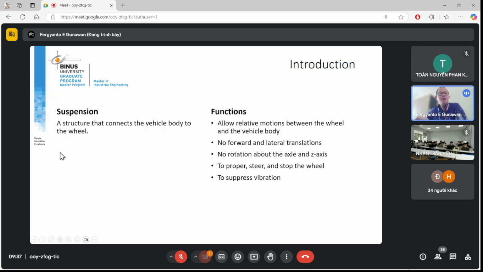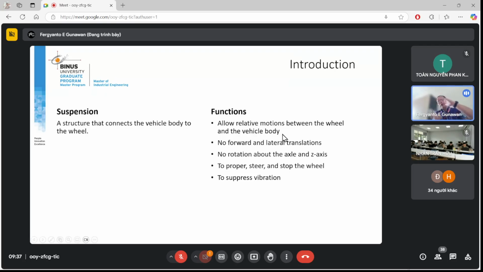We start with the function of the suspension. So suspension essentially is an engineering structure that is designed to connect the wheel to the vehicle body. And it has a certain important aspect here. It allows the relative motions between the wheel and the vehicle body.